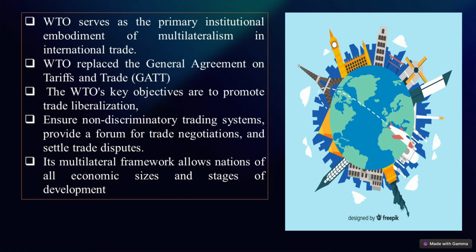Another important role is to provide a forum for trade negotiation and settle trade disputes. So the multilateral framework of the World Trade Organization allows nations of all economic sizes and stages of development to participate and to influence trade rules that govern their interaction.